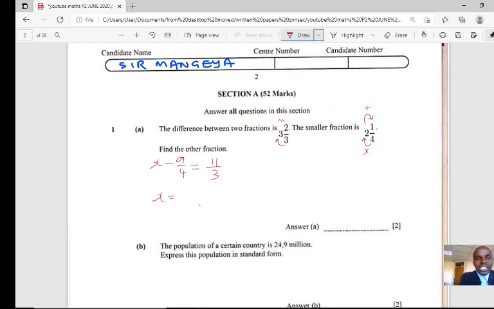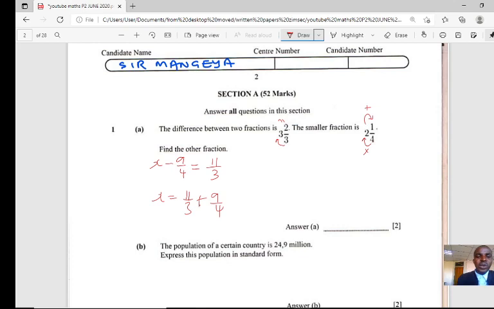You say X is equal to 11 over 3 plus 9 over 4. Please, when a number or a value changes the side of the equal sign, you also have to change its sign. 9 over 4 was negative on the left side. Now on the right side, it will be positive.